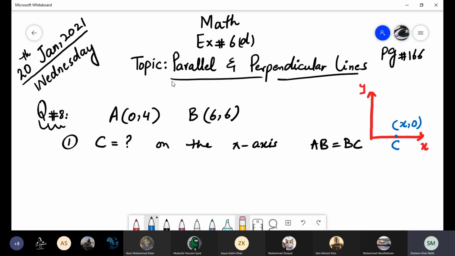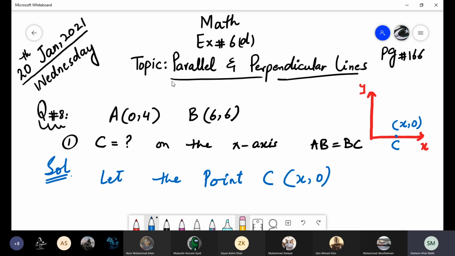You have to find out the coordinates of point C on the x-axis such that the length of AB is equal to the length of BC. To start the solution, we will write: let the point C have the coordinates x and 0 as it is on the x-axis.